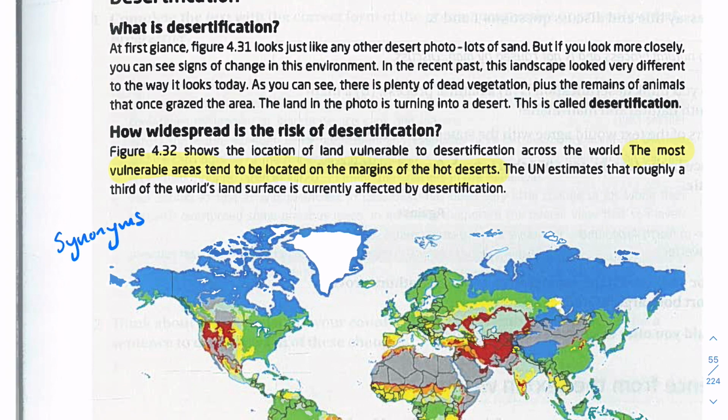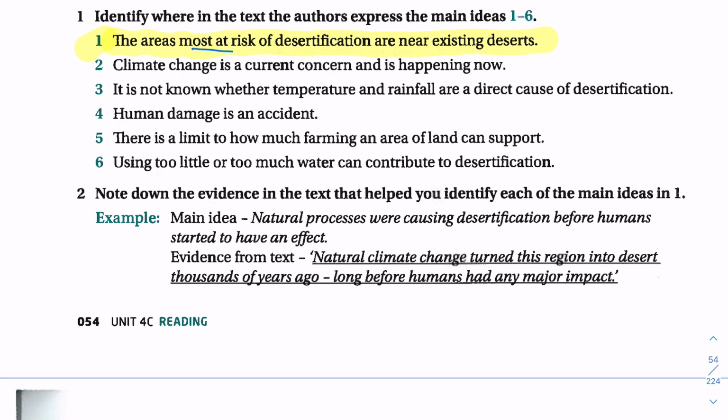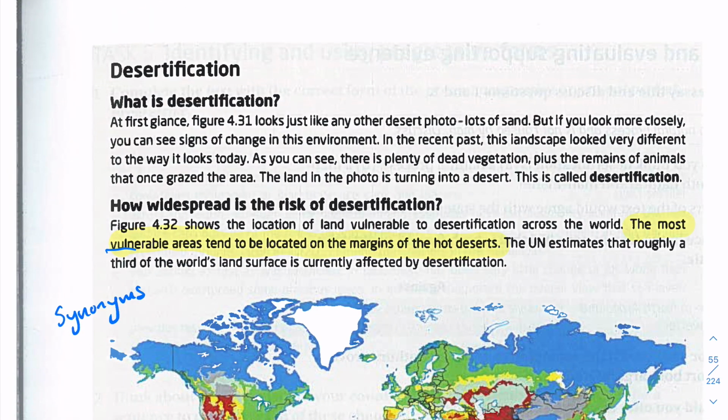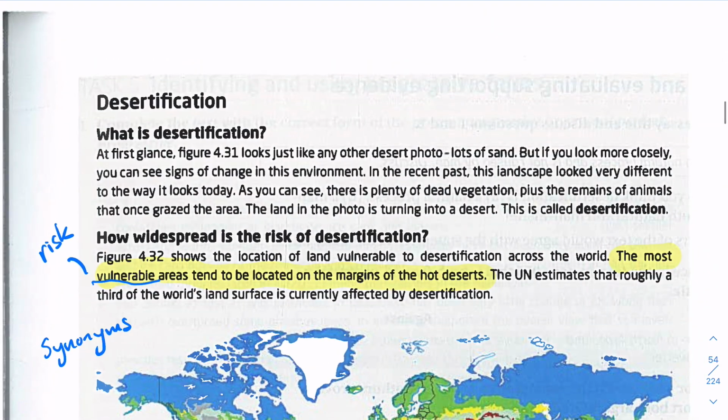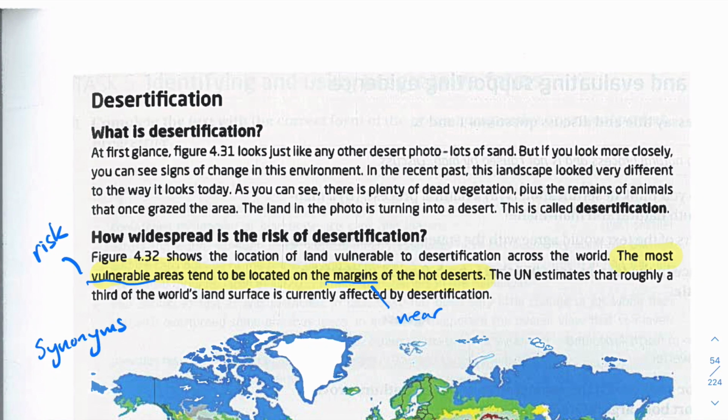And they've said synonyms. And then we're going to pick out the synonyms, so risk as in vulnerable areas, and near existing deserts is margins. So this way we can really feed back and highlight key parts in a text and help students' comprehension of the text.